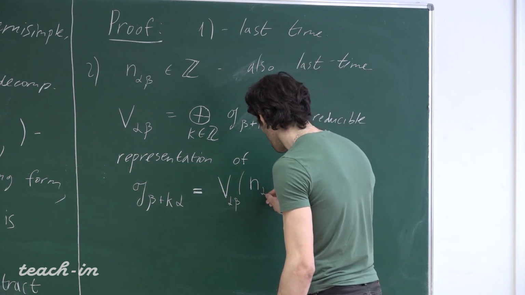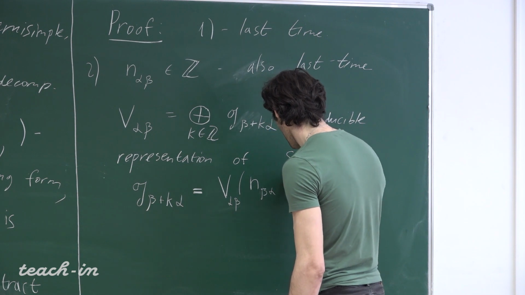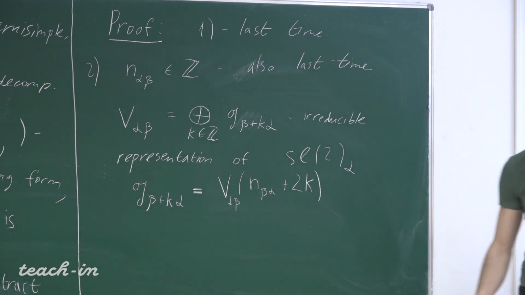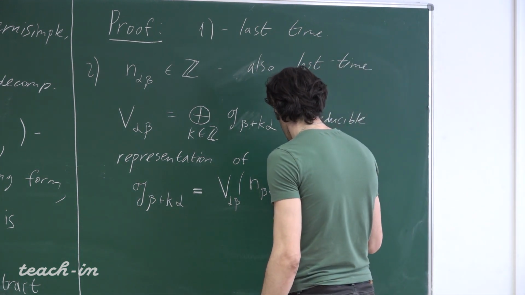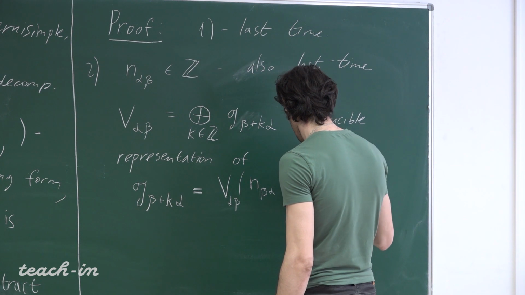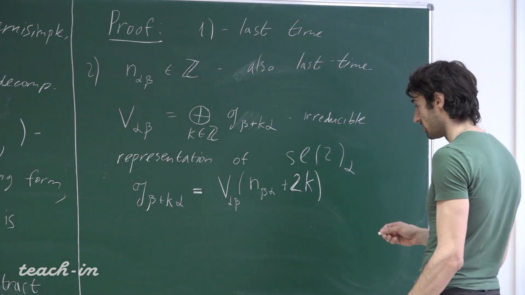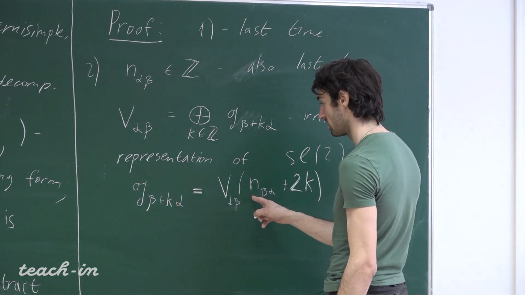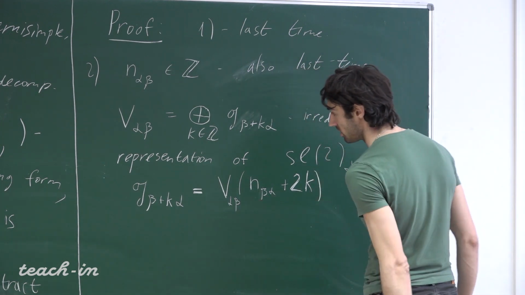I think it was n beta alpha plus 2k. So if k equals 0, then n beta alpha is exactly the weight in V alpha beta.